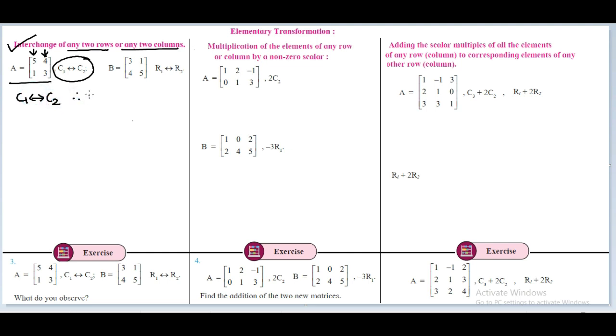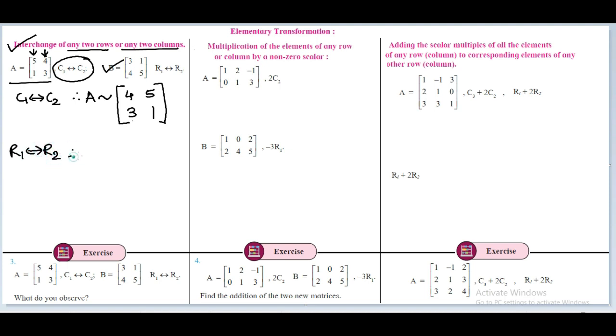Therefore A is equivalent to 4, 3, 5, 1. If you observe, I have just changed the place of the columns. For the second one, that is second matrix B, the operation is R1 interchanged by R2.